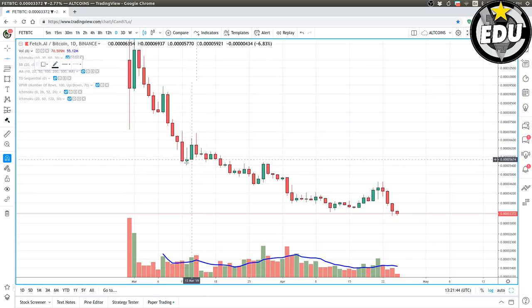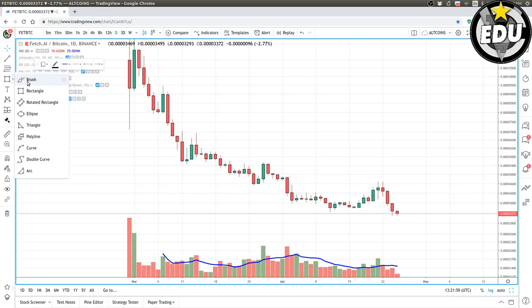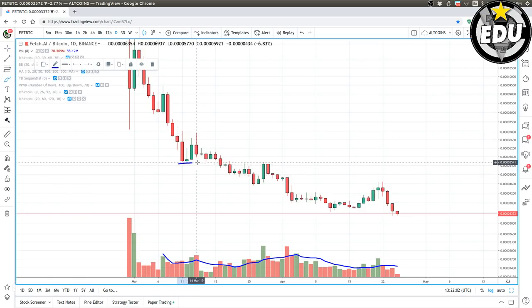Okay, so this is a level for me, because I'm assuming there is some kind of wall here, a wall made by buyers. The trend is going down, and boom, it jumped pretty good on this level here.